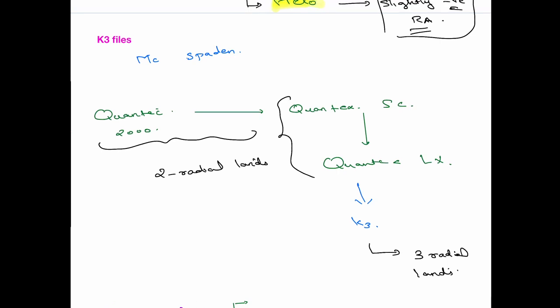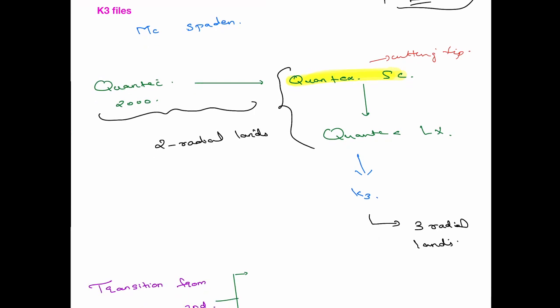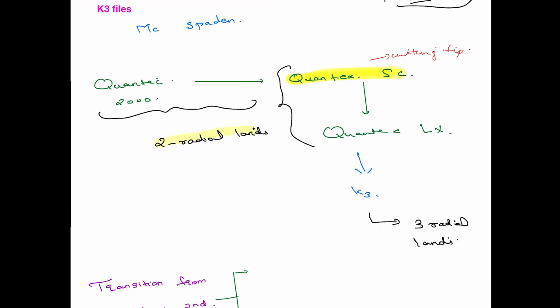And I told you all are having a non-cutting tip, except two. Of that, one is this. This is the only file system, other than the one which I'm going to explain later on, which has got a cutting tip. All others, if they ask you, have got a non-cutting tip. I'm talking about tip, not cutting edge. So the difference is majorly two radial lands and three radial lands here. So this is the first system.